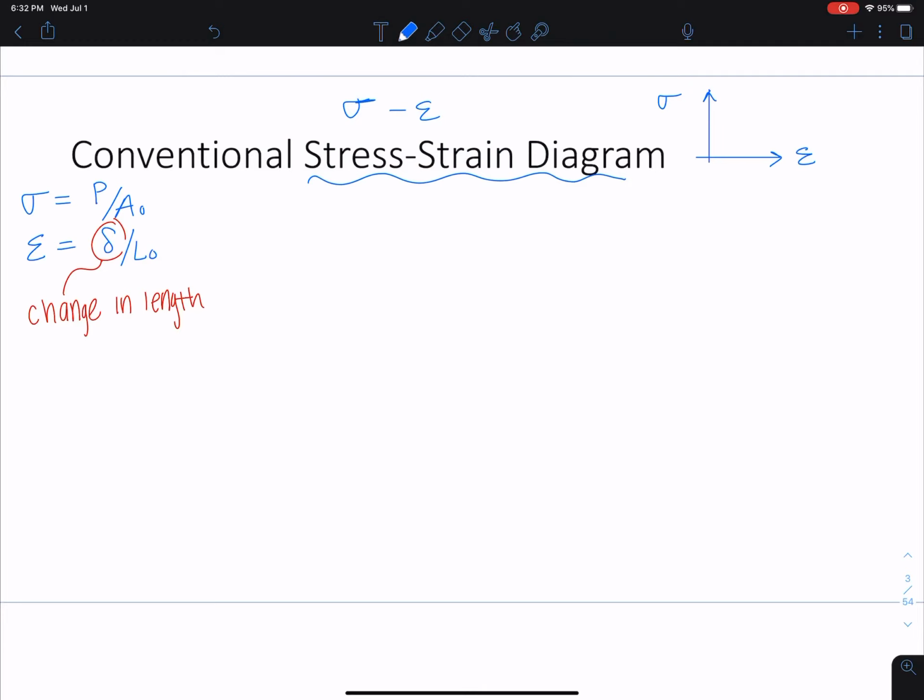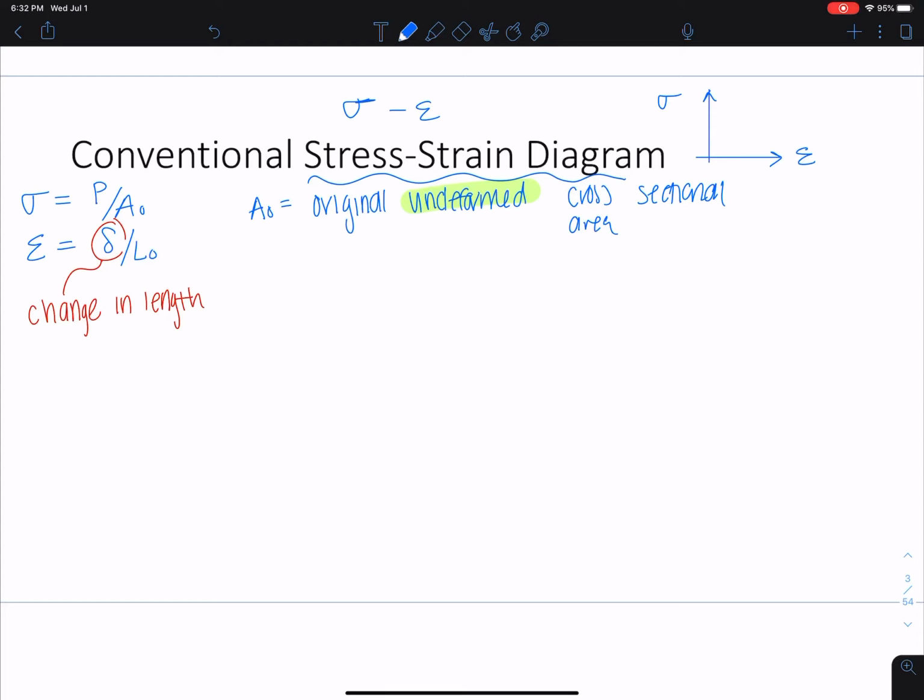Let me write down what A naught is and then I'll explain it. A naught is the original undeformed cross-sectional area. The key word here is undeformed, because when we apply tension or compression to a member, we're increasing or decreasing its actual cross-sectional area.